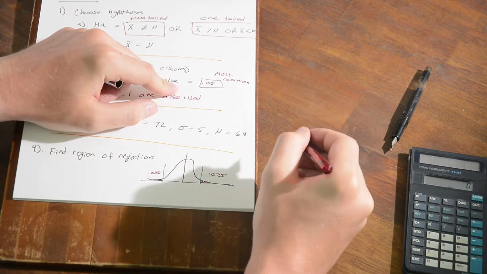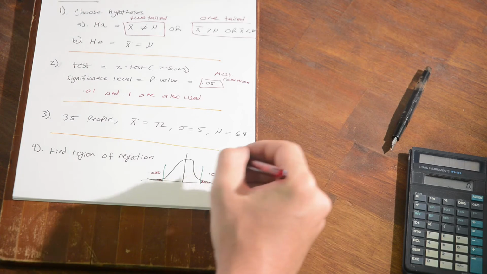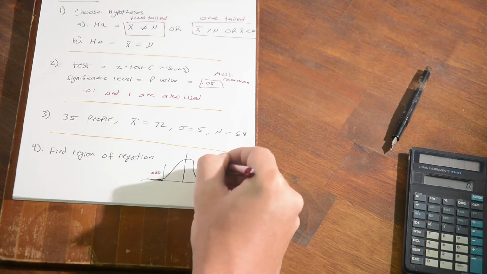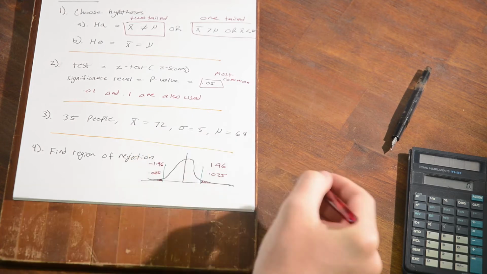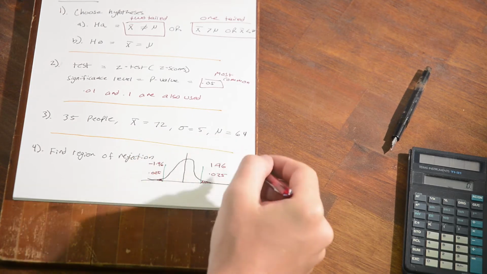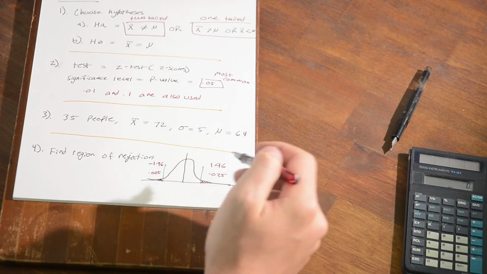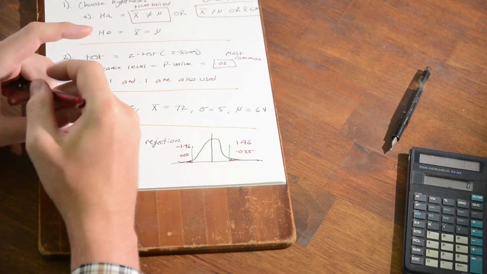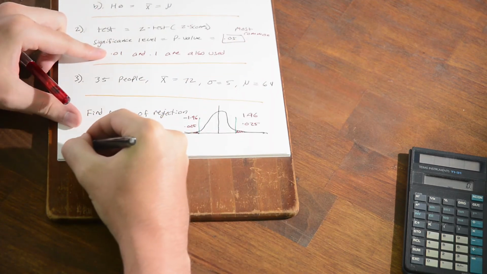Now, the z-score that goes along with that is 1.96, and over here negative 1.96. Again, remember, the negative just means that the values are below the mean. If I were looking at a one-tailed version, we'll just do a small one over here.